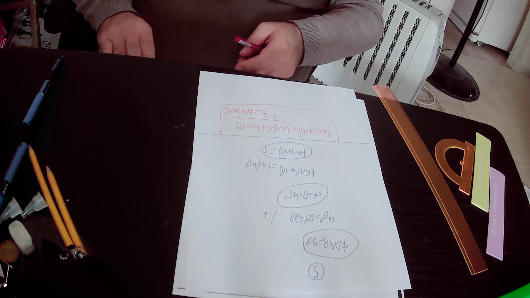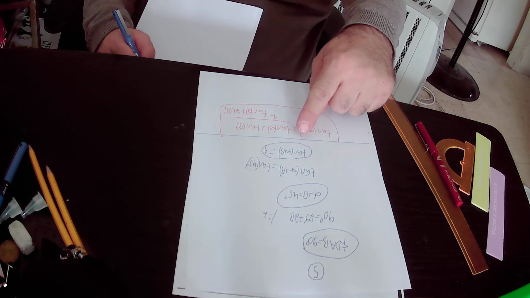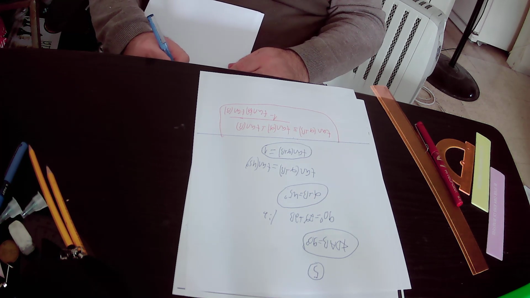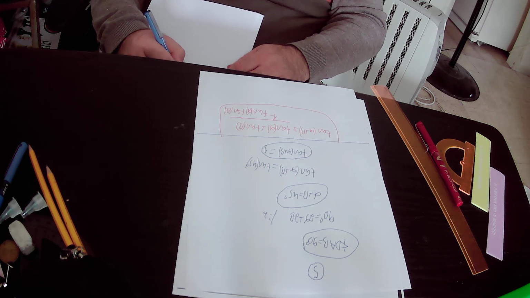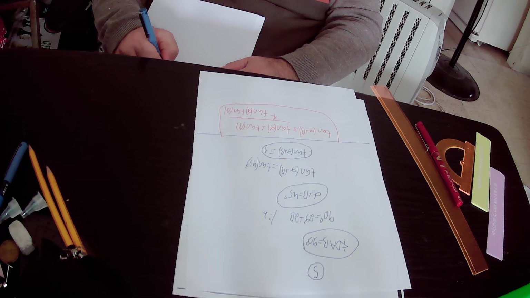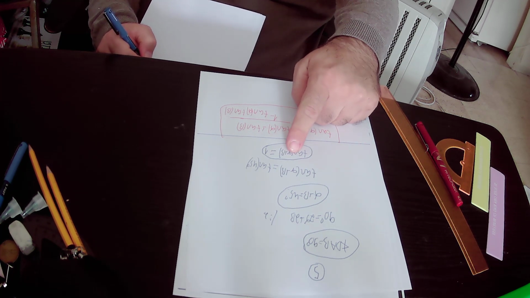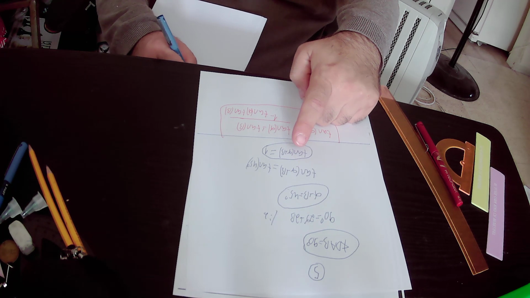So we'll do it now. Instead of tangent alpha plus beta, we will write tangent alpha plus tangent beta over 1 minus tangent alpha times tangent beta equals 1 according to this trigonometric identity. We define it as equation 1.